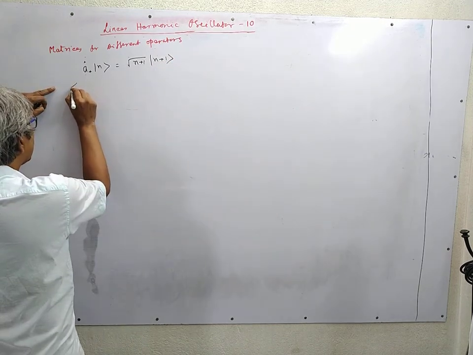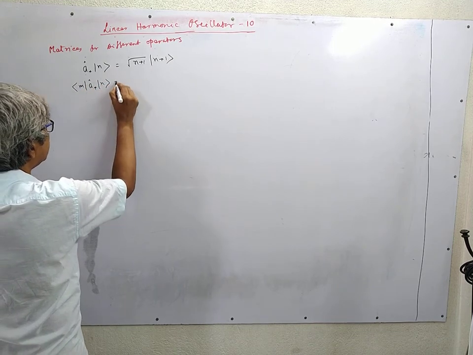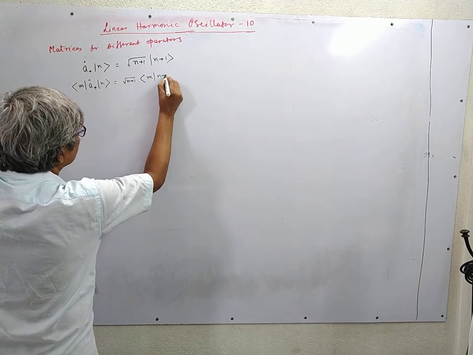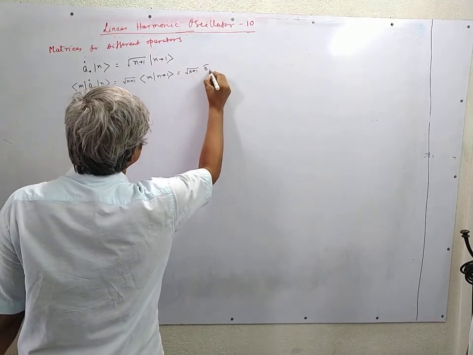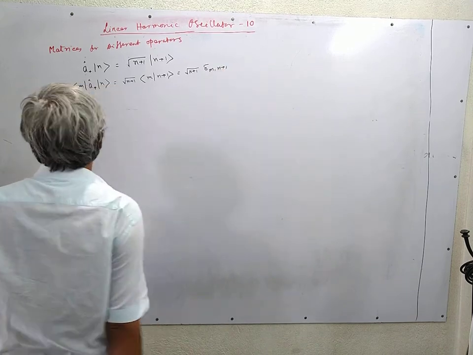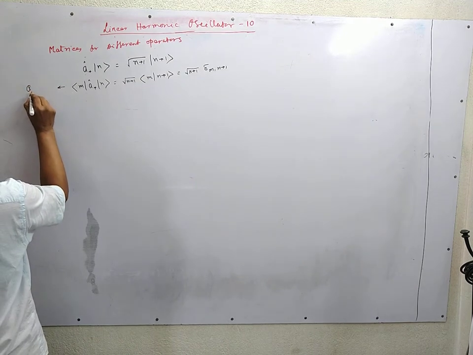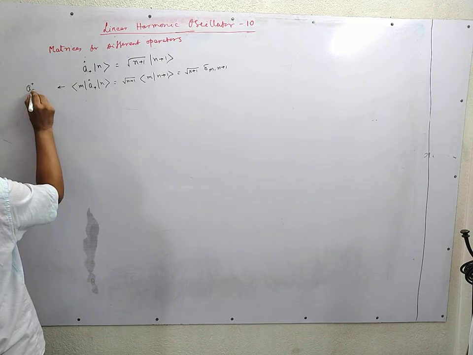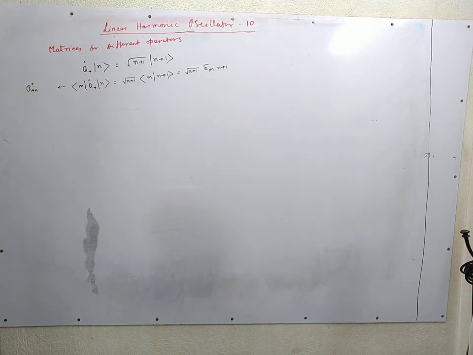Now if we calculate <m|A plus|n>, it is root n plus 1 delta m, n plus 1. For convenience, I am writing the plus in the superscript, and this is the matrix element.